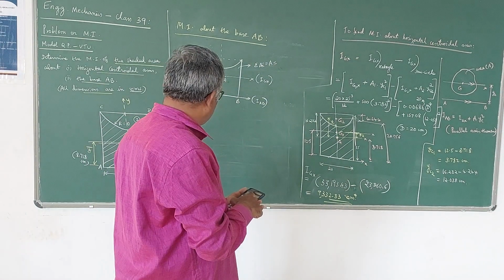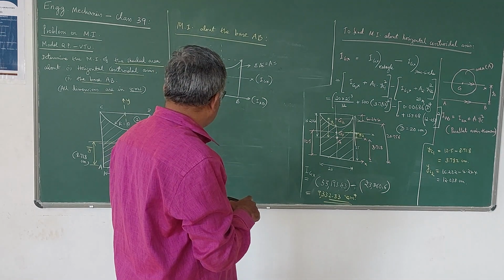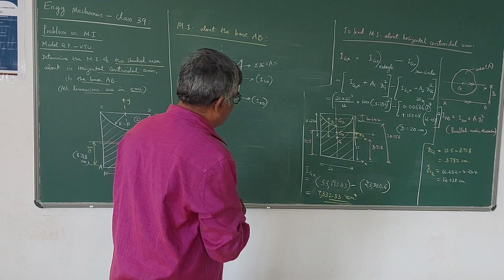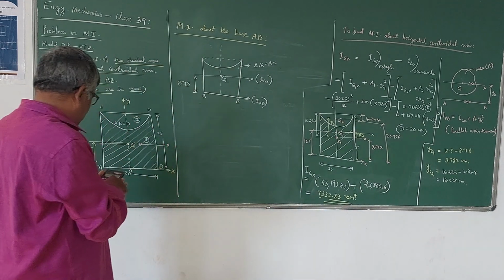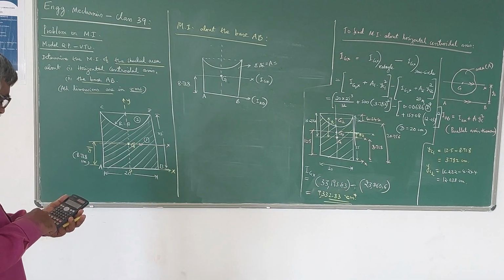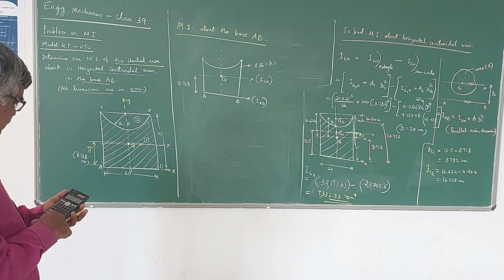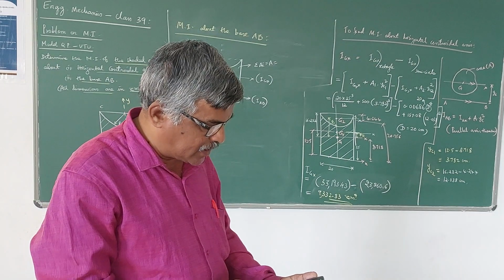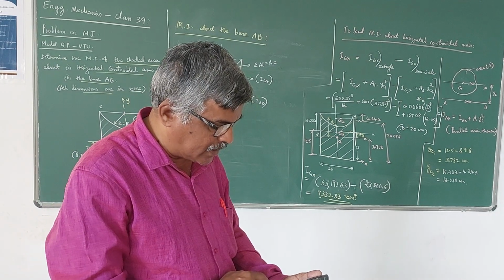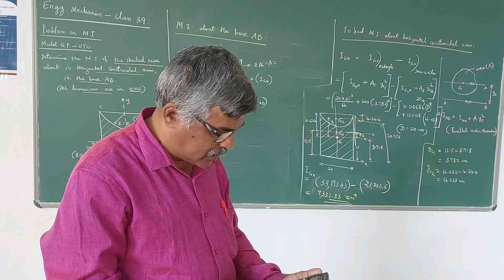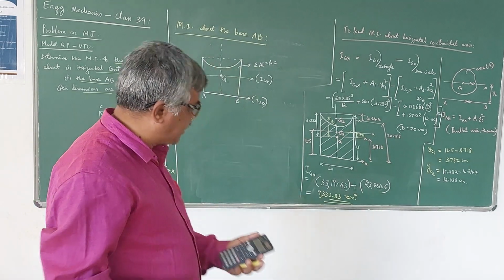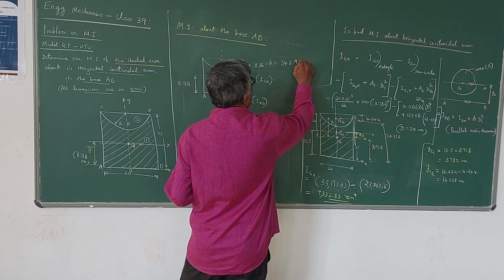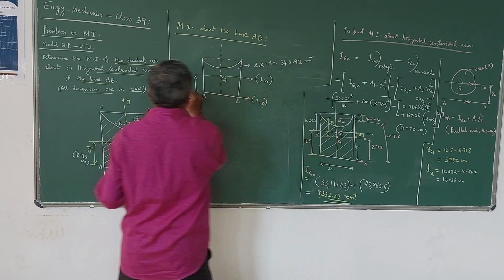How much is that area? We got 500 minus pi r square by 2, pi into 100 divided by 2. So the area is 342.92 centimeter square.